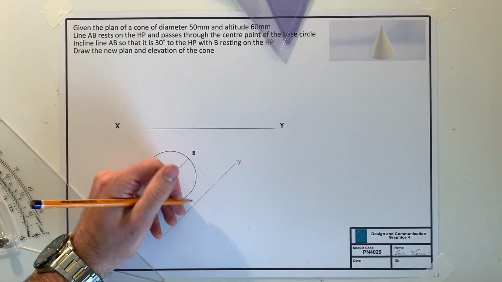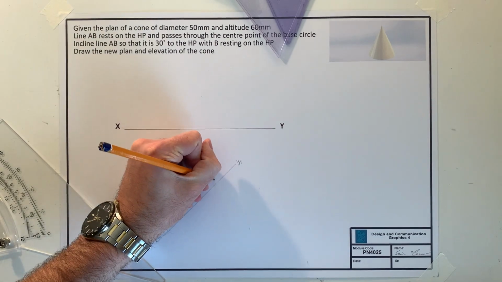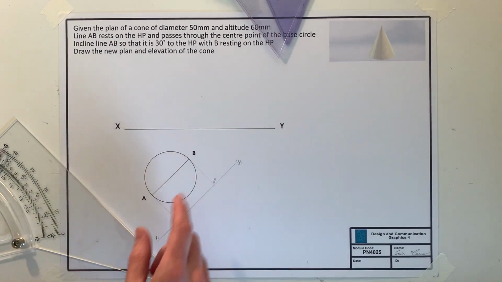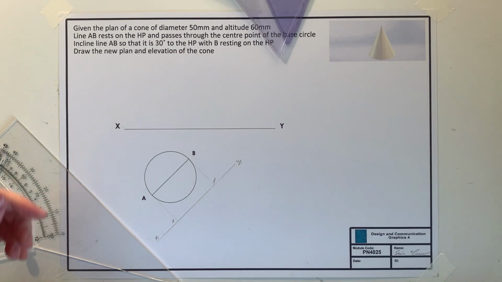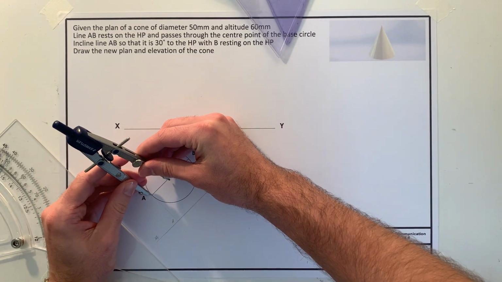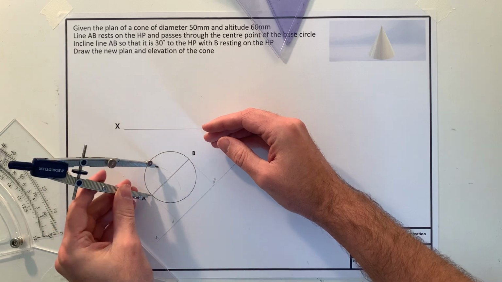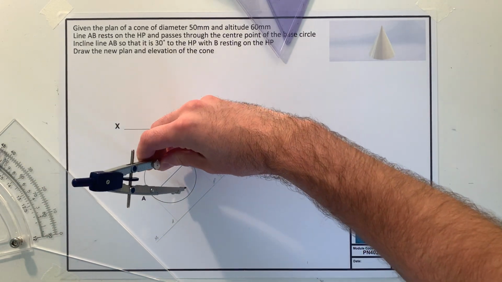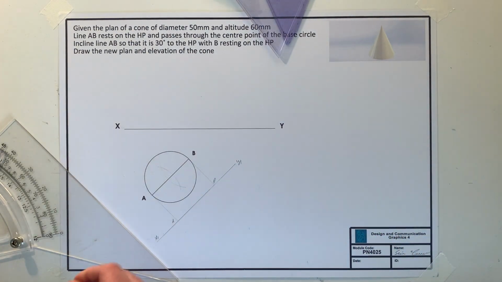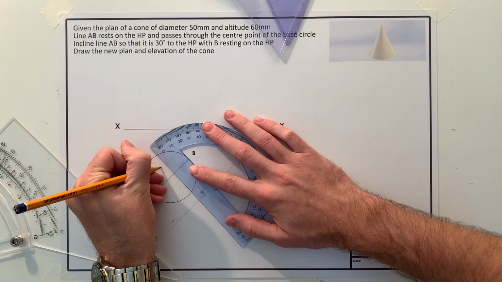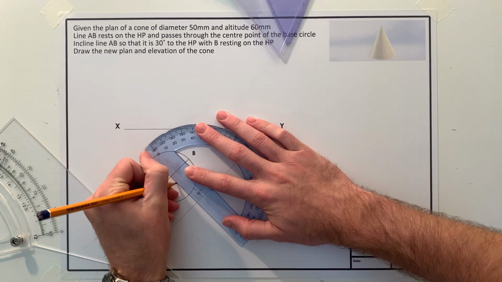We're going to bring A and B over here, so I'm just going to call this A and call this B like so. Now I'm also going to locate the central point for my cone, or my base circle. To do that, I'm just going to bisect the line. Like so.